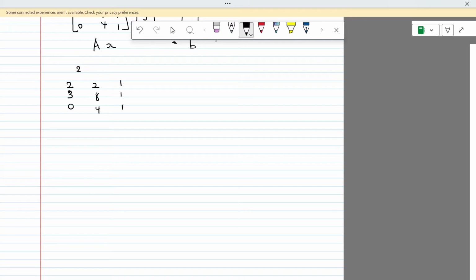All right, let's proceed. So our first step of elimination is to subtract the first equation from this equation, such that we eliminate this 3x. And also to subtract this from this equation, such that we eliminate the x.